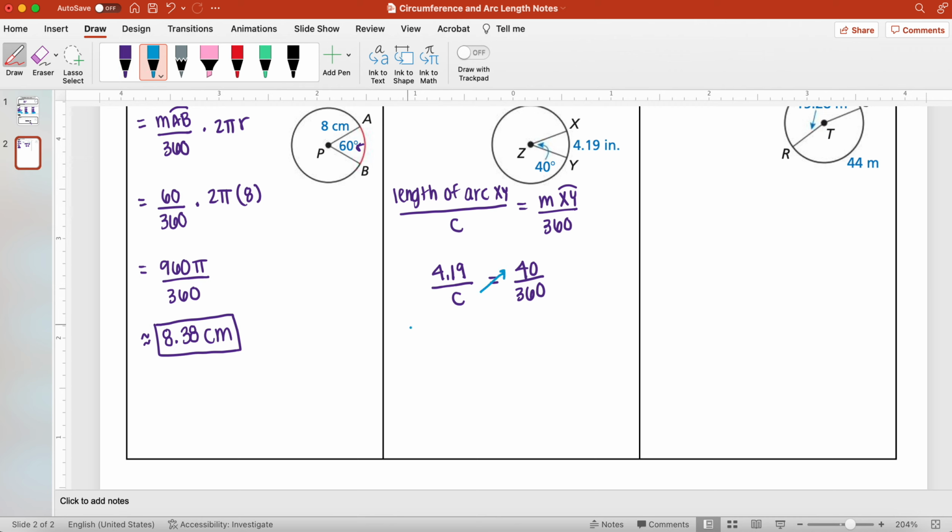So I have C times 40, and I get 40C is equal to 360 times 4.19, and I get 1508.4. Then I need to divide both sides by 40, and I get that C is equal to 37.71 inches. So my circumference is 37.71 inches.